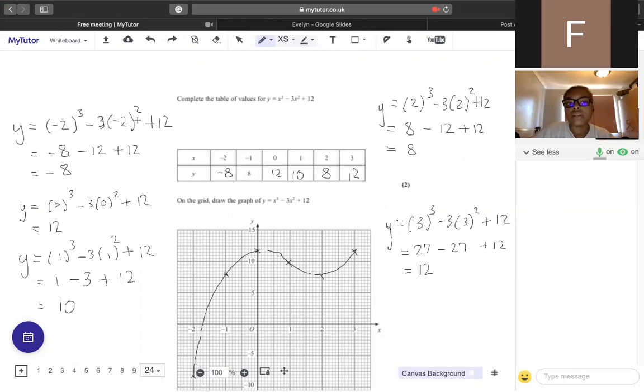So all I've done is I've replaced all of my x's in the equation with a minus 2. So do minus 2 cubed, then minus 3 multiplied by minus 2 squared plus 12. And then you calculate it. And once you've calculated the equation, you get what y is equal to. Hopefully that answers your question.